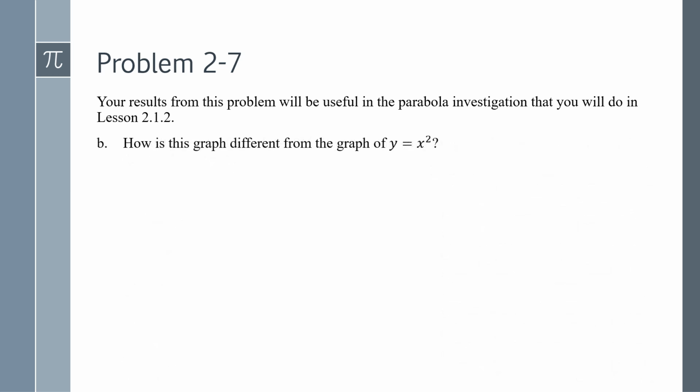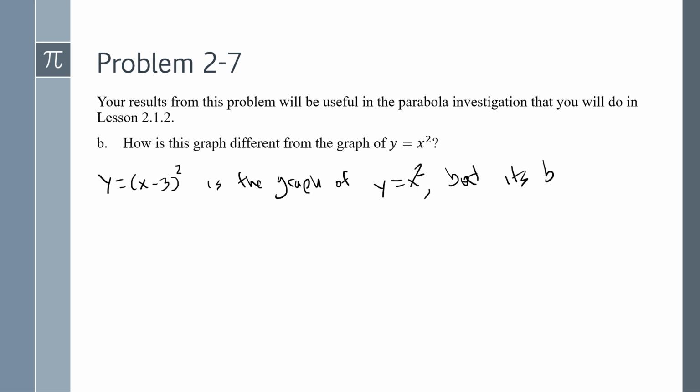Part B, how is the graph different from y equals x squared? If I look at the graph, it looks like y equals (x minus 3) squared is the graph of y equals x squared, the same graph, but it's been shifted to the right 3 units.